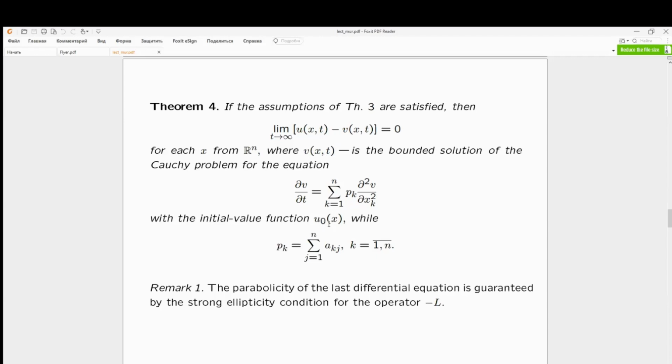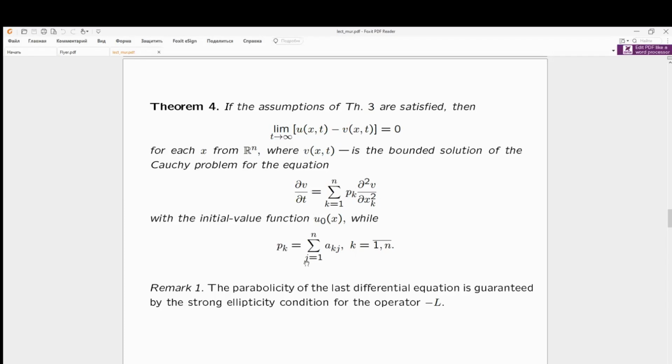Now we do not transform its independent variables, and pk for each k is defined as follows. And you see, we do not know yet that this classical differential equation is parabolic.